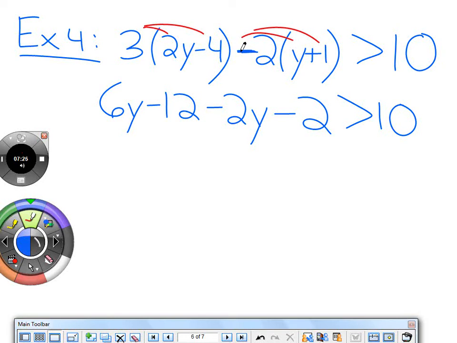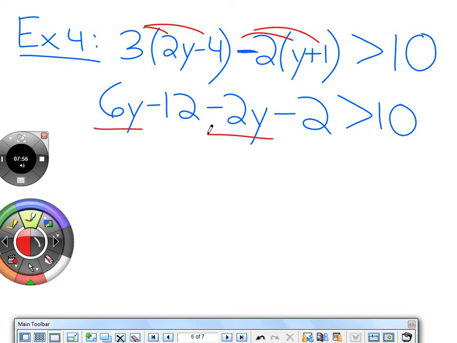All right, so now we have some things to combine, like terms. Now these guys are like terms because they're both y's, and sometimes what students will do is they'll do the opposite operation. So they'll say, hey, I want to get rid of this 6y, so I'm going to subtract 6y from each side or something like that. That's not what you do when you have things on the same side. You just have to combine them like normal. So 6y minus 2y, it's just like 6 minus 2.